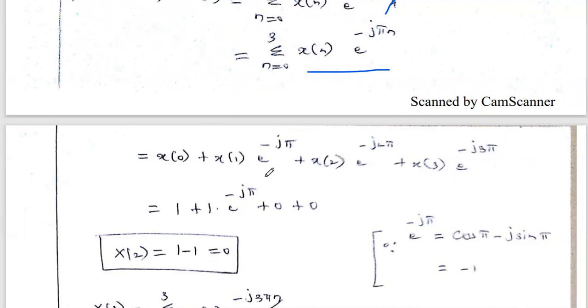Already you know this x of 2 value and x of 3 value is 0. This x of 1 is 1 and x of 0 sample is 1. So that's why this third term and fourth term tend to be 0. So only we have to find out the value of e power minus j pi.